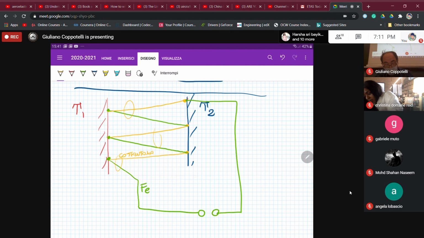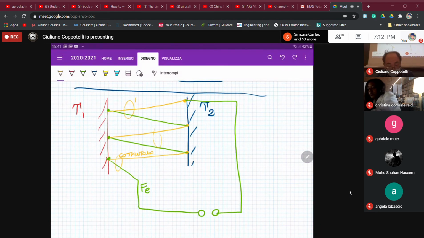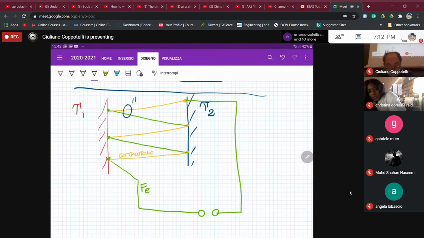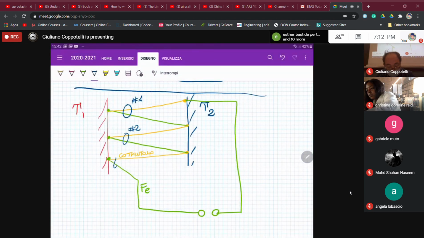So we have a total of 3 thermocouples: thermocouple number 1, thermocouple number 2, thermocouple number 3.